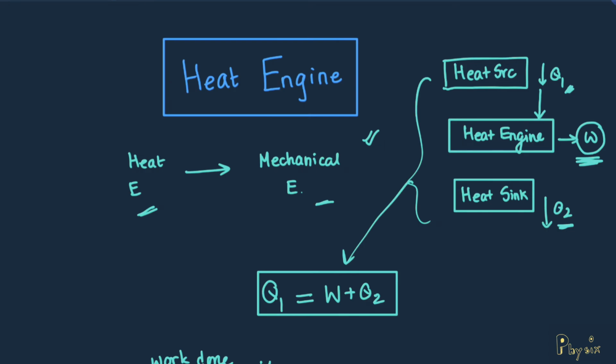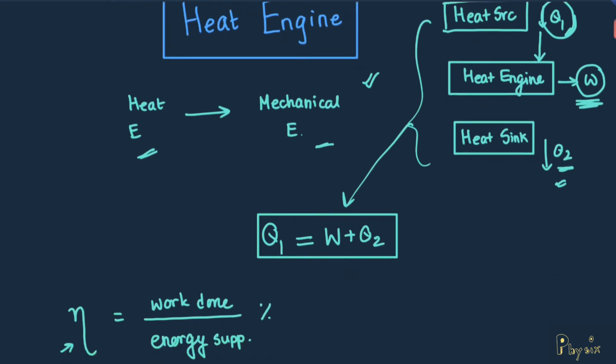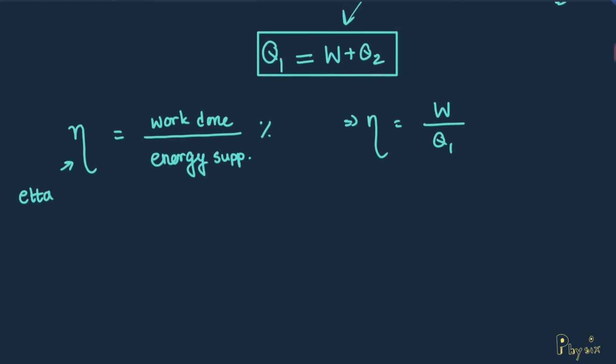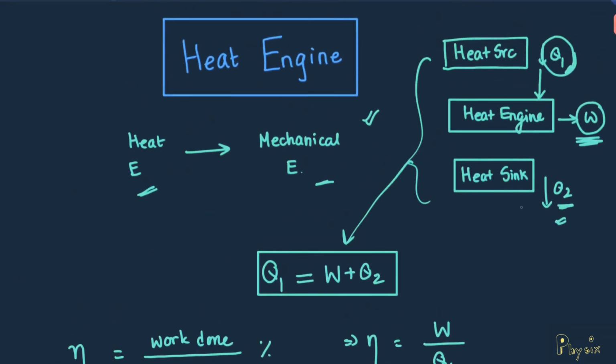And the amount of heat or energy supplied to the system is actually Q1, right? So if we follow this diagram and put the variables over here, you could say that eta is basically W over Q1.